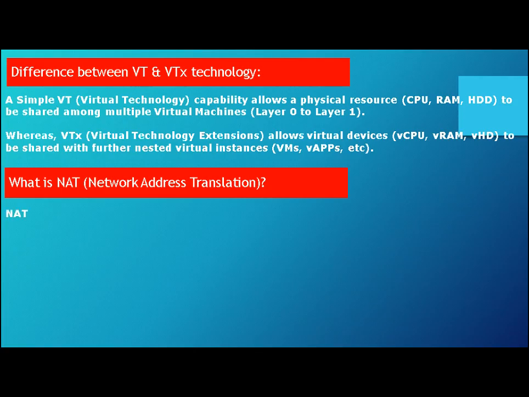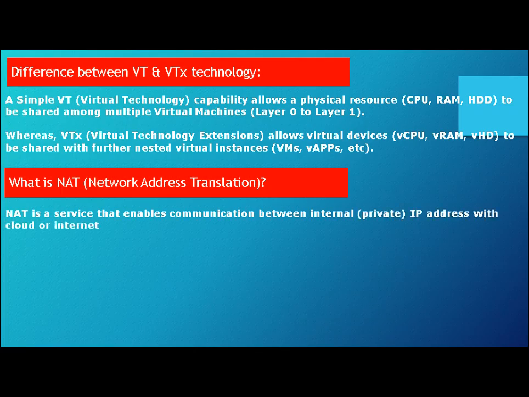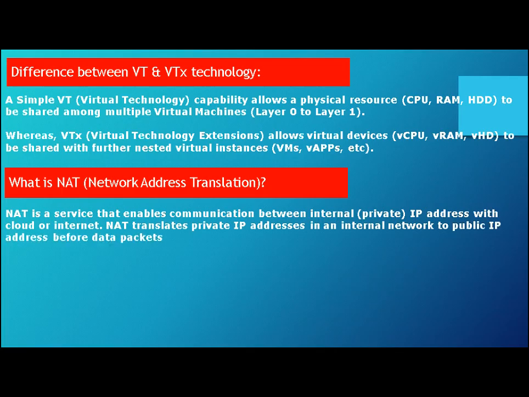So what is NAT? NAT is a service that enables communication between your internal or private IP addresses and the cloud or internet. NAT translates the private IP addresses in an internal network to a public IP address before data packets are sent to the public internet or cloud network.